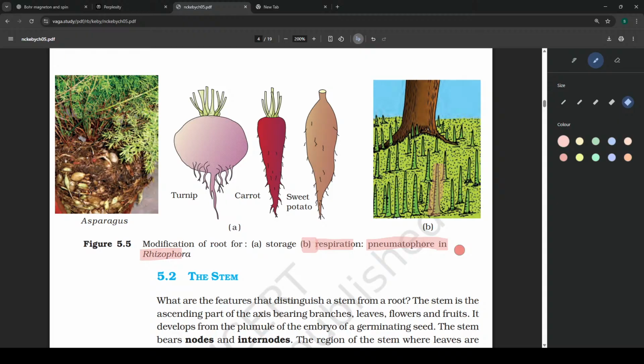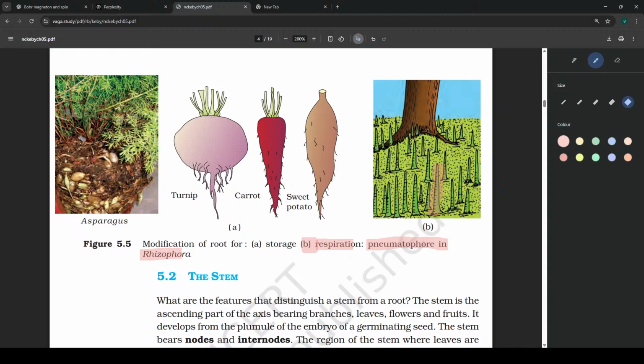But the rest of the tree and roots need oxygen, and in the region where rhizophora is present, the roots do not get sufficient gas exchange if they are underground, so they form these pneumatophores for convenience in gas exchange.